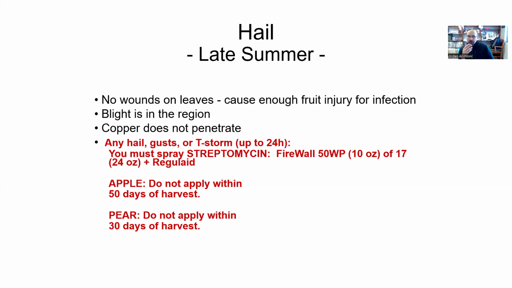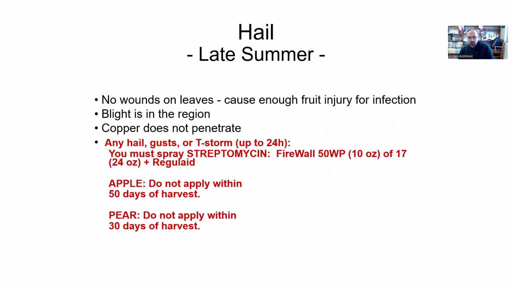By the time hail can occur in late summer, you're going to have a lot of other cankers oozing the bacterium. So this is the only time during the summer, if you had an active infection, that you can apply streptomycin along with Regulate to try to prevent trauma blight on these trees.